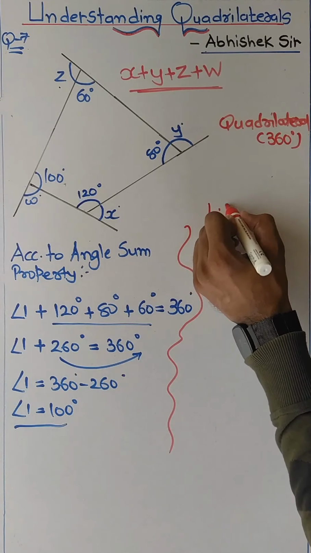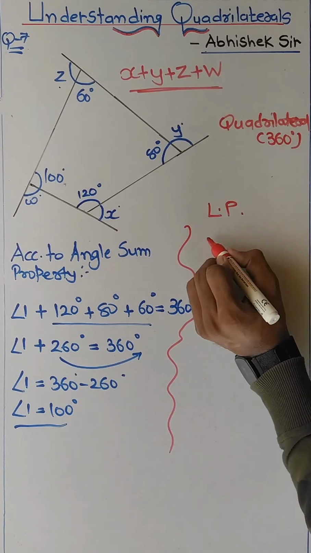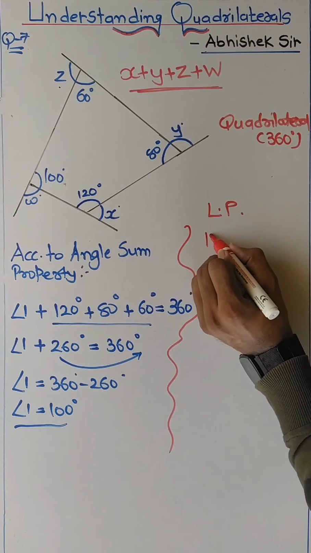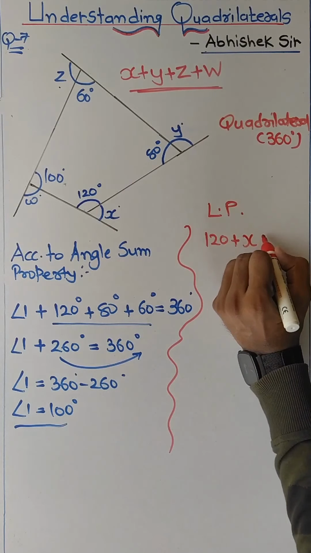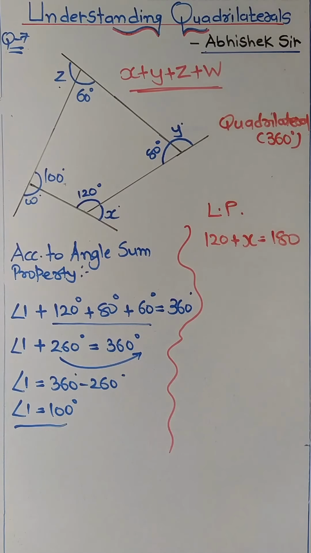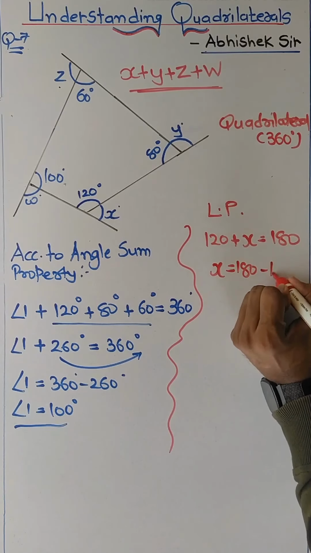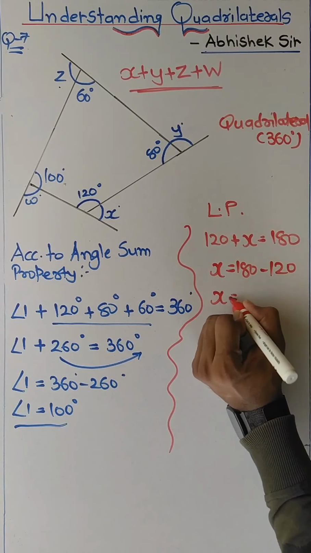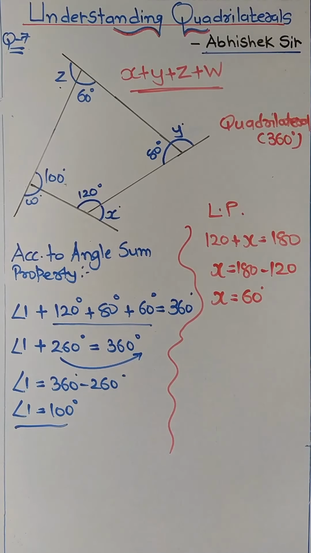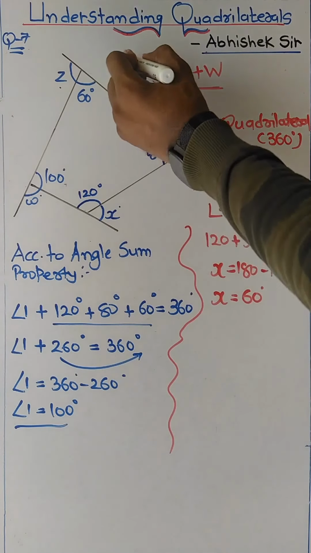By linear pair property, let us start with x. 120 plus x equals 180. So x equals 180 minus 120. So x equals 60, right? So we have got the first one, that is x.